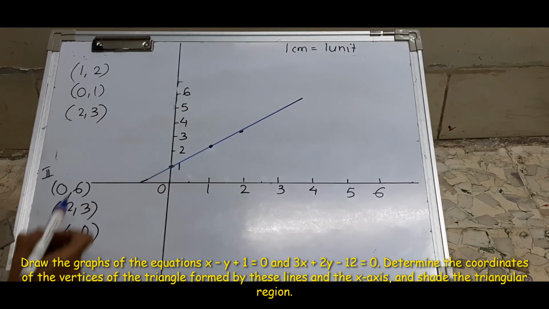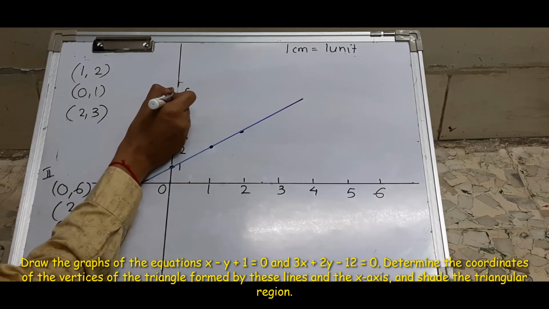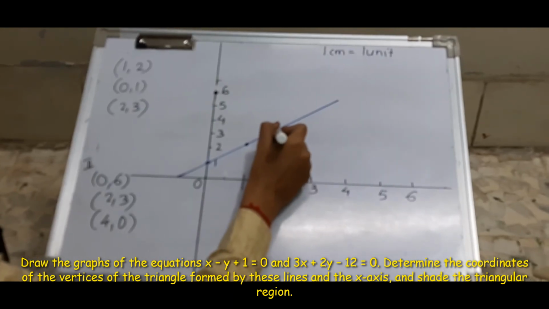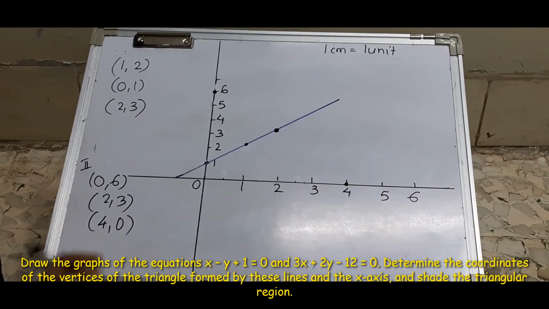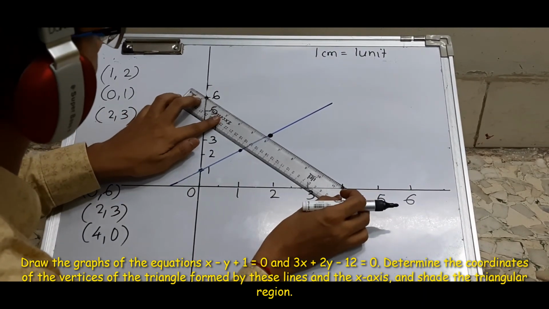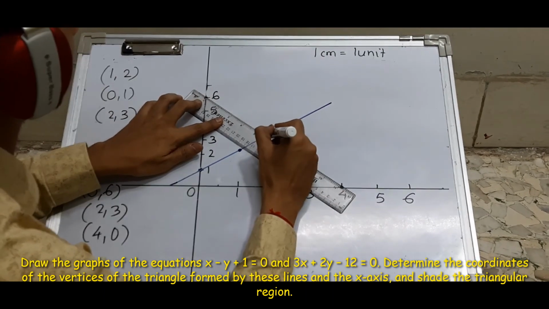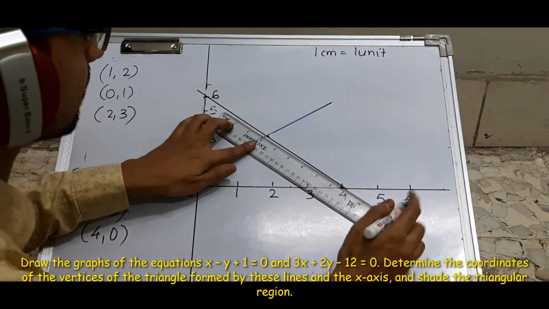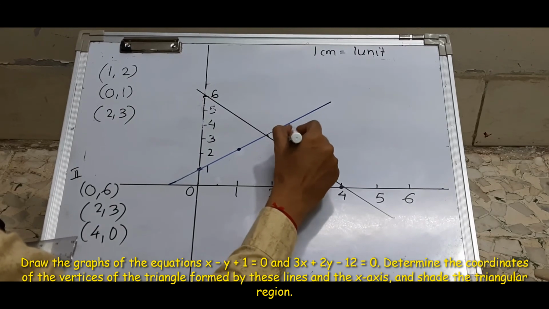Then 0, 6. Where will 0, 6 come? On the y-axis. Correct. 2, 3, again the same here. 4, 0 on the x-axis. Okay? So I'll join them. Mine is a bit off, so it is not coming that accurate. Okay? This is 2, 3.